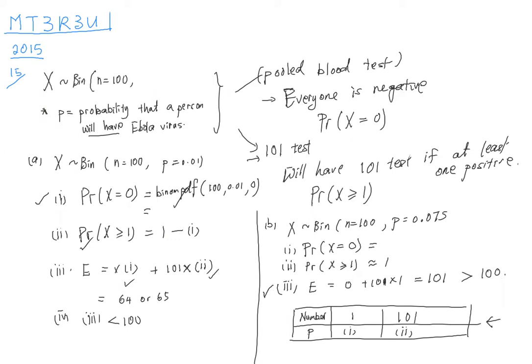Okay, that means in the group of 100, I don't have to test the 100. If I go by this, I only need to test about 64 as the expected number of tests, if I do a pool blood test, depending on your outcome. That is the situation.